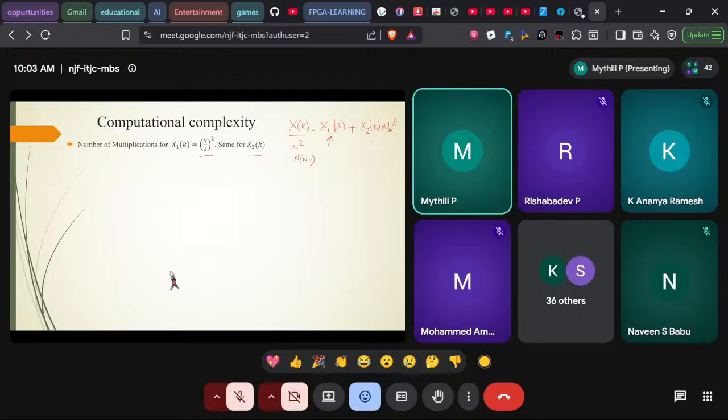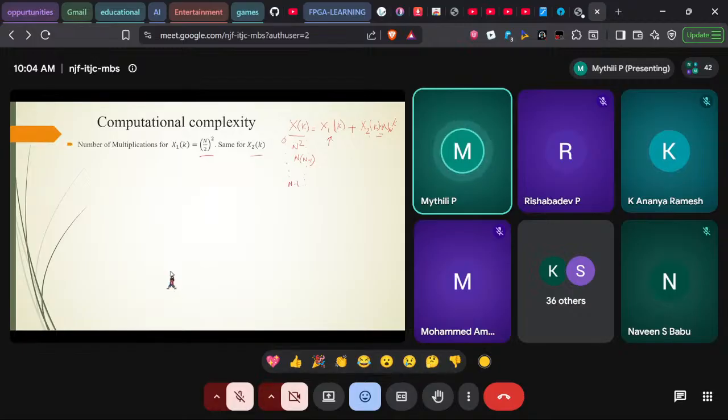Okay, and there is another multiplication here. You can see x2 of k into Wn of k. How many times will this multiplication go? It will go n times, 8 times, because we need to find all the values of x of k, 0 to n minus 1.